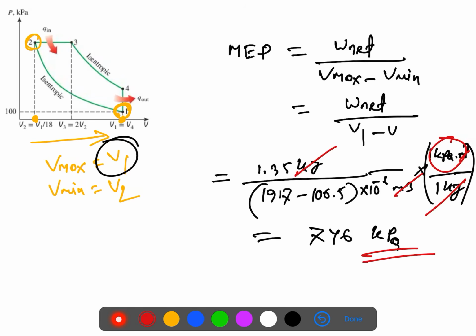Because it is pressure, we'll get pascal or kPa. So this is actually the mean effective pressure. What we did, we used a wide range of equations to solve this problem. I believe you understand, and we'll discuss it during the lecture again.